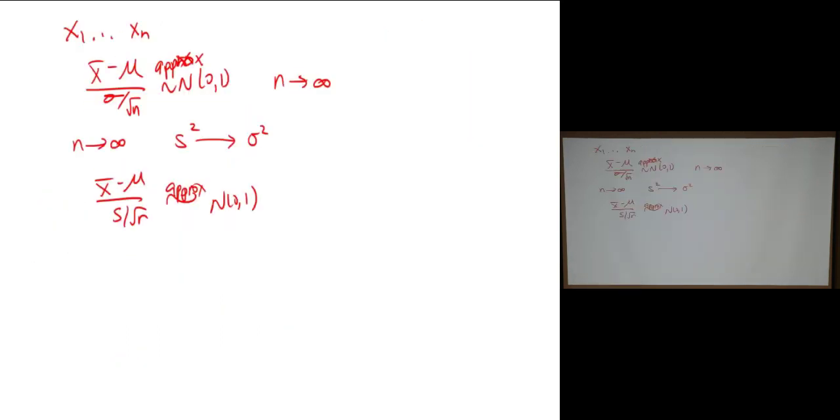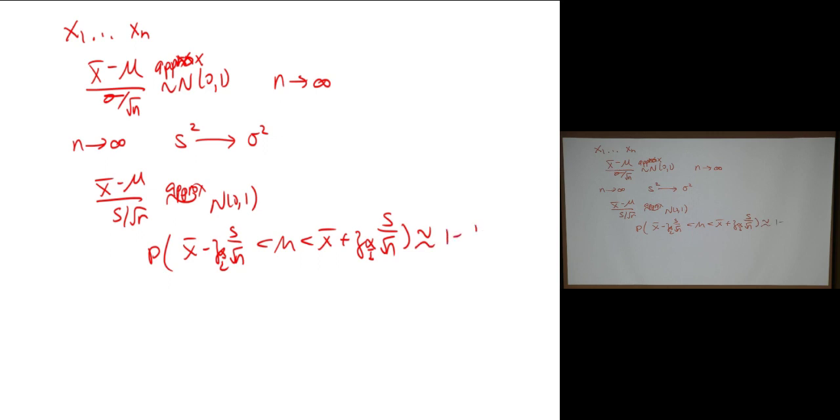Then mu is between x bar minus z alpha over 2 s over root n and x bar plus z alpha over 2 s over root n. This has probability approximately equal to 1 minus alpha when the sample size is big.